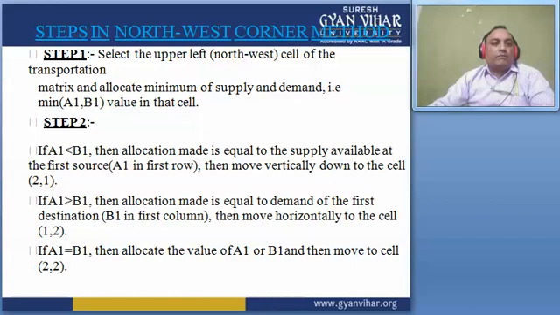For step number 2, if A1 is less than B1, then the allocation made is equal to the supply available at the first source, A1, in the first row.